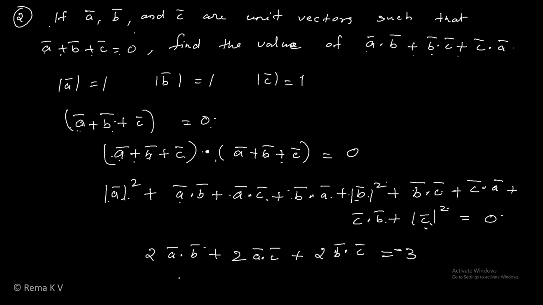Now 2 is a common factor here. Transposing it to the right side, we get A dot B plus A dot C plus B dot C is equal to minus 3 by 2. This is the value of the required sum, A dot B plus B dot C plus C dot A.